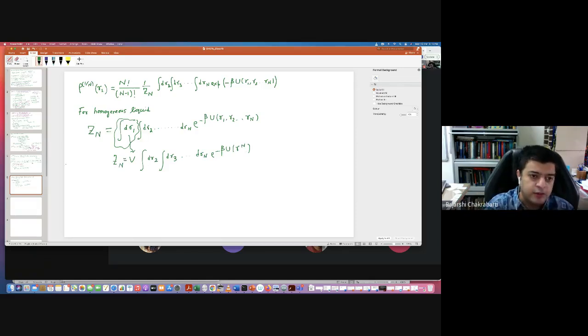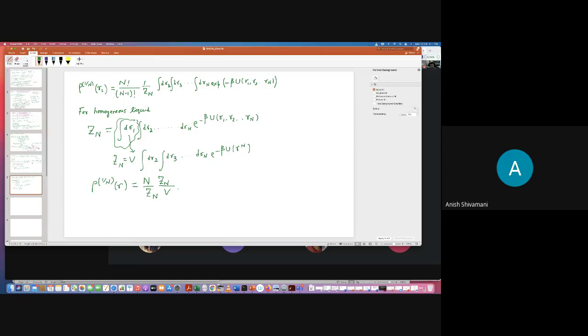If it is so, then what will be the expression for rho 1 over n at, say, r1? Let us call it r, because these are dummy variables. Look at it carefully. N factorial by n minus 1 factorial is what? N, divided by Zn, which was there, and this one is Zn divided by V, isn't it?